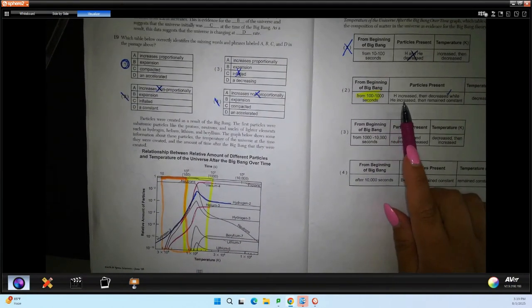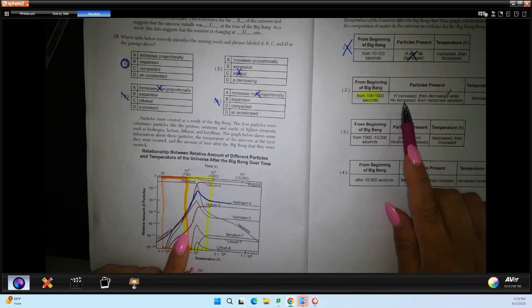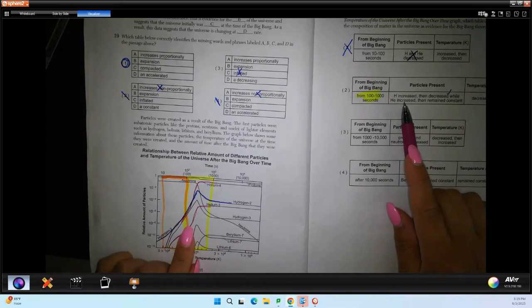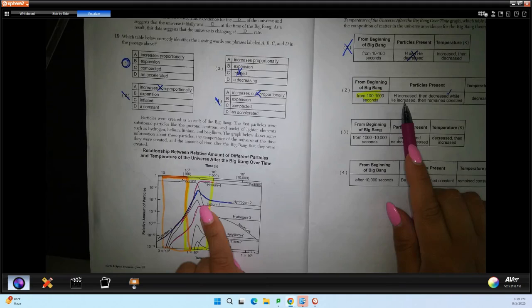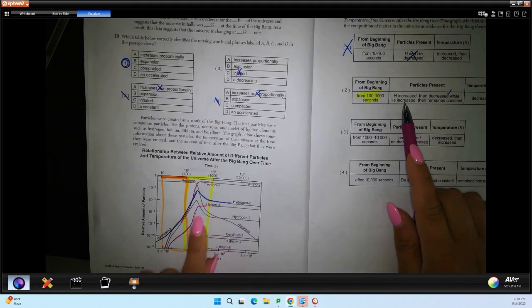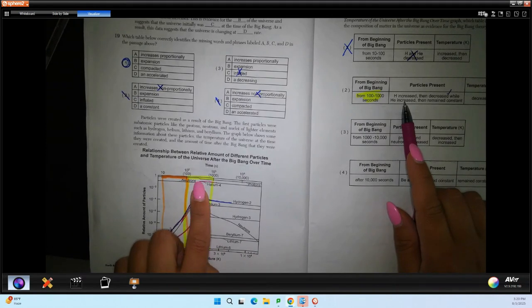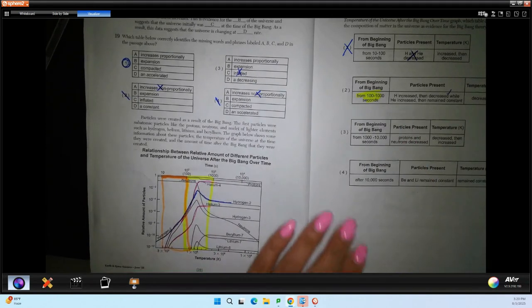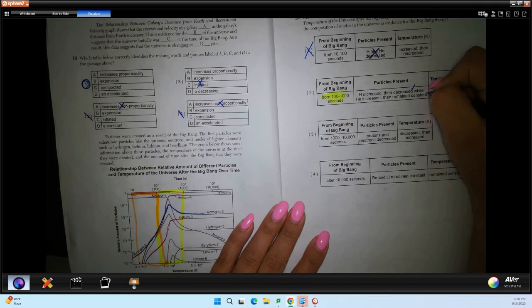So helium increased and then remained constant. So here's my yellow. So I see helium increasing, and then constant means it kind of stays flat. So I see it flat there. If I check my other one in my yellow area here, it's increasing. There it's remaining flat. That is accurate. We are going to check that off. That looks good. So far it's working out, and I just have to check my temperature.